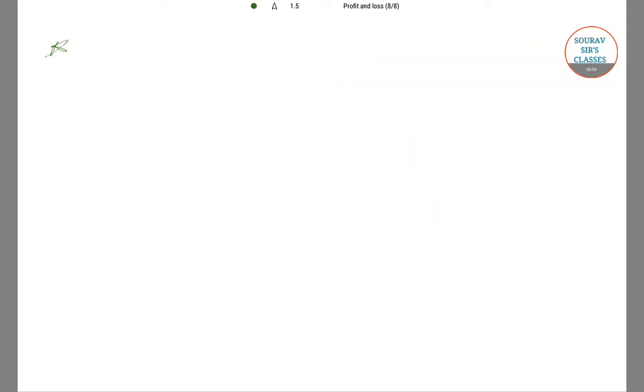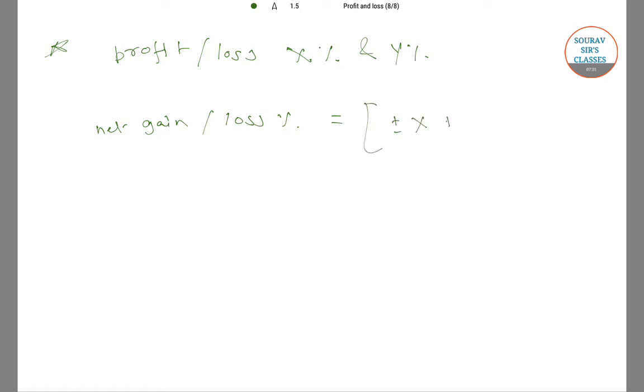Now, when there are two successive profits or losses of X% and Y%, then the net gain or loss percent is given by plus minus X plus minus Y plus minus X into plus minus Y divided by 100.